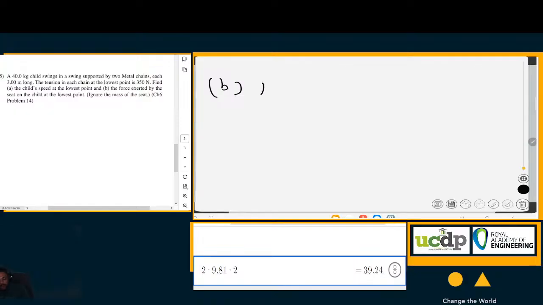Therefore, the normal force in this case is going to be 2 times the tension. So it will be 2 times 350 newtons, so that is 700 newtons.